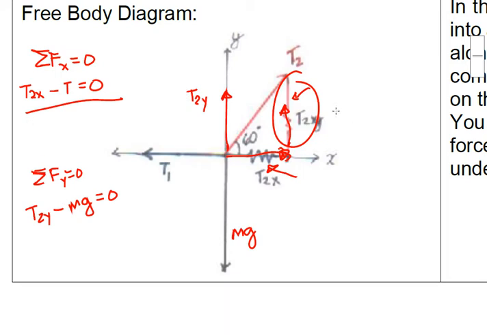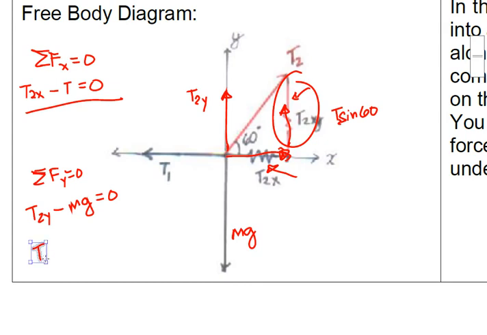In this case, you have T2y, an unknown, and the other variables are actually given. So we can advance in our computation. T2y is basically T2 sine 60.